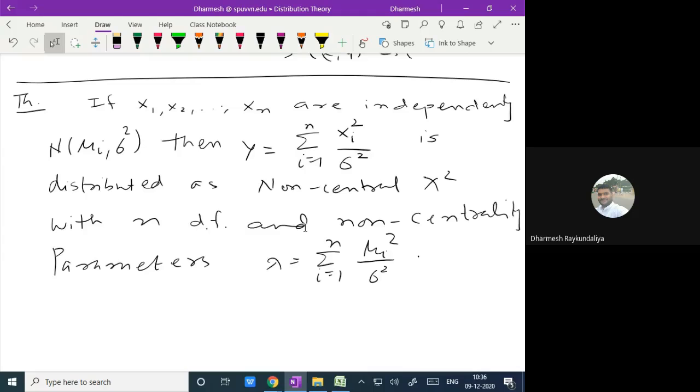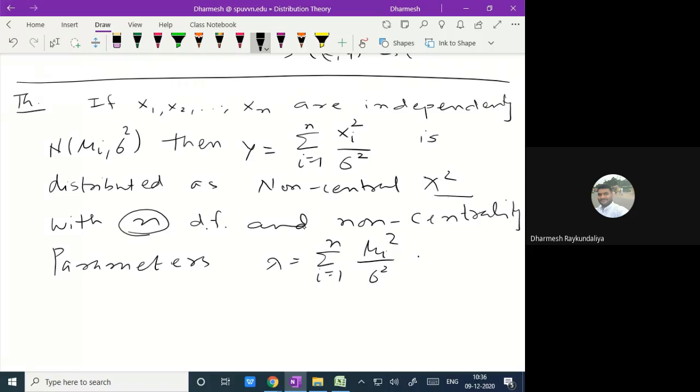Here we are given n independent random variates drawn from normal distributions with mean mu i and constant variance sigma square. Then we wish to show that the distribution of y, where y is the summation of xi square upon sigma square, i running from 1 to n, is chi-square with n degrees of freedom.